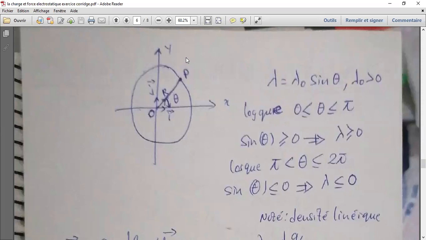Since you are dealing with a circle, and they have told you the distribution is linear, you should know that you are using coordonate polaire. And we said that coordonate polaire is defined by two things, which is rho, just the radius, represented by r here, and theta, which is the angle.